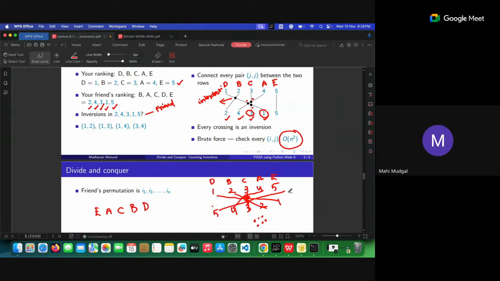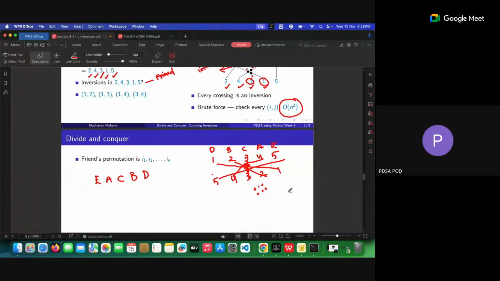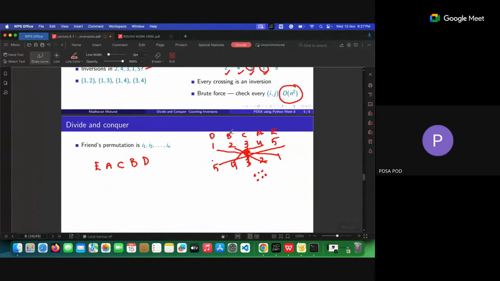Why not n into n plus 1 by 2? Because look, the first time, the first element is compared with the remaining 4. The second element is compared with the remaining 3 only, because it is already compared with the first element.